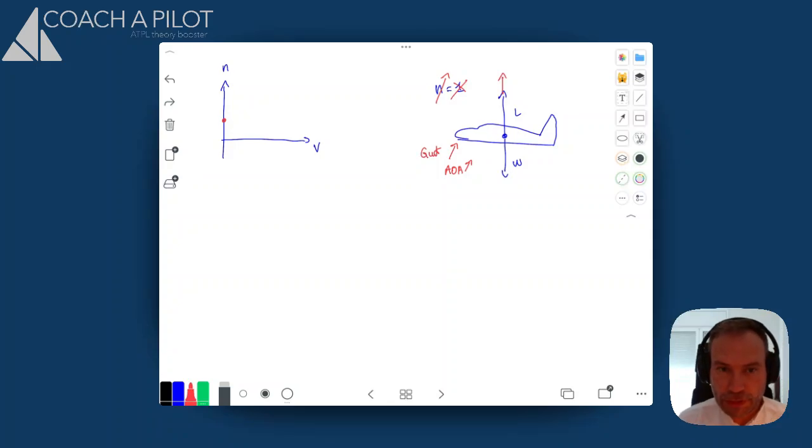Okay, so we demonstrate that the increase of load factor, and I insist on that, the increase of load factor is proportional to the speed, exactly proportional to the speed. So let's come back to the question.